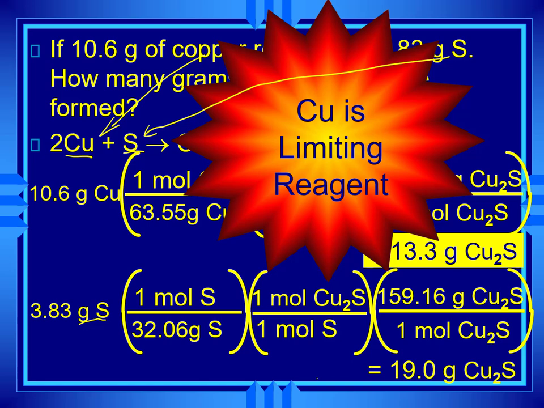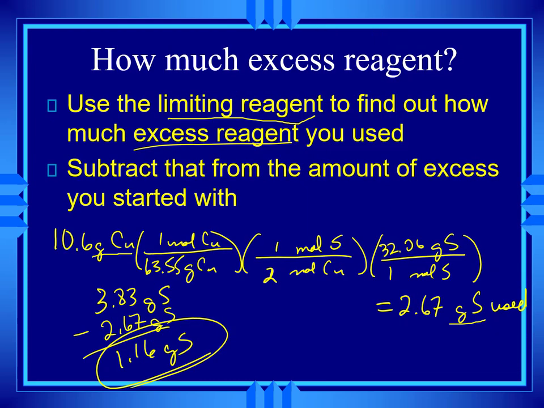If I subtract these answers, I get 5.7, and that 5.7 is how much copper sulfide I didn't make, which is not the definition of an excess reagent. An excess reagent has got to be a reactant, so it couldn't be copper 1 sulfide, and it's not how much I didn't make, it's how much I didn't use. Okay? So all the problems look like that.